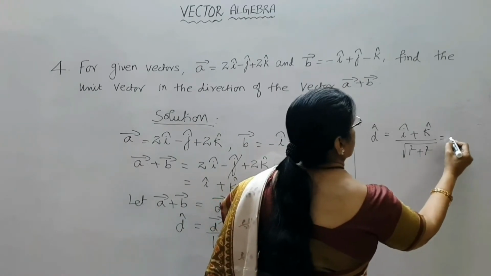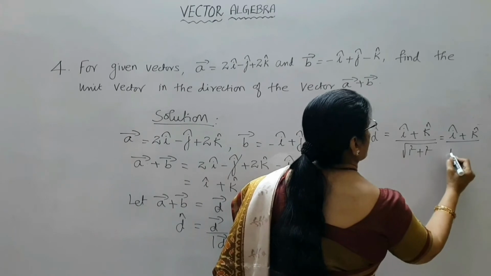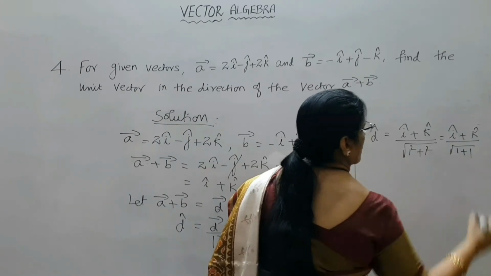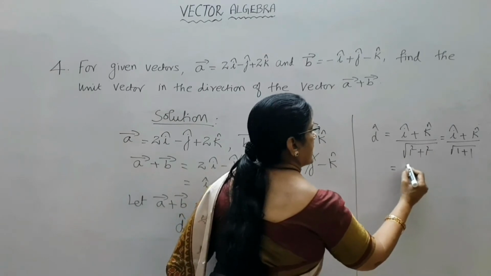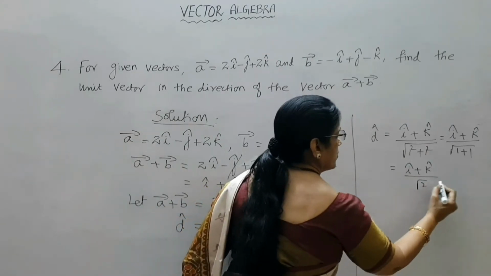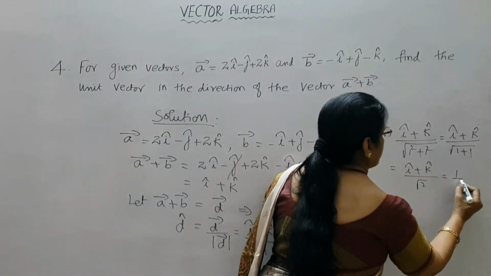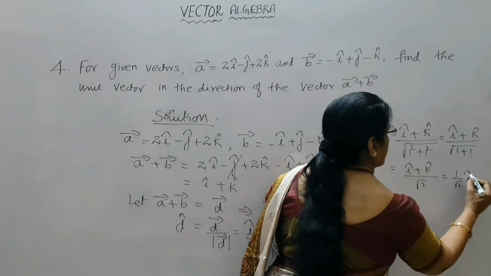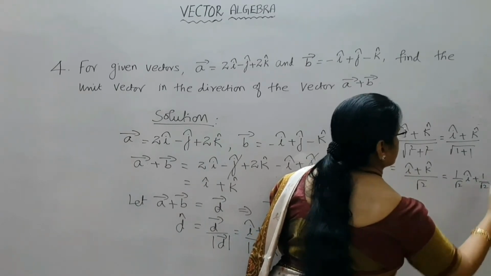So this is nothing but i cap plus k cap by root of 1 plus 1, that is i cap plus k cap by root 2, which in turn can be written as 1 by root 2 i cap plus 1 by root 2 k cap.